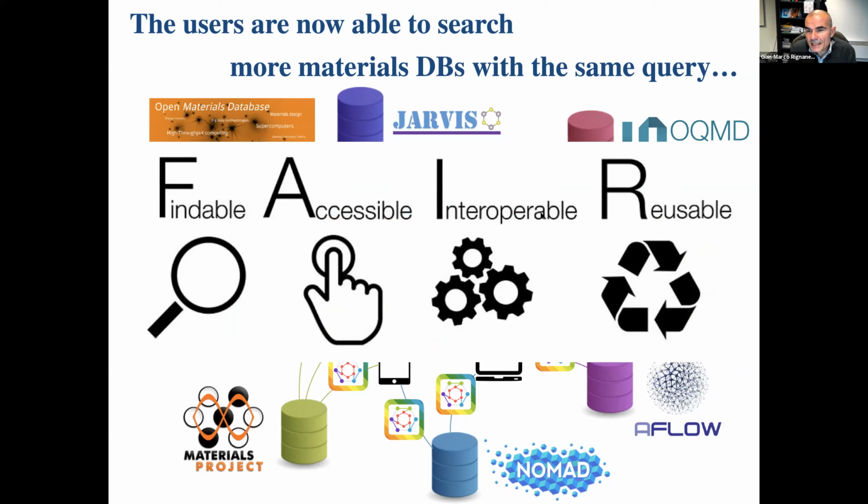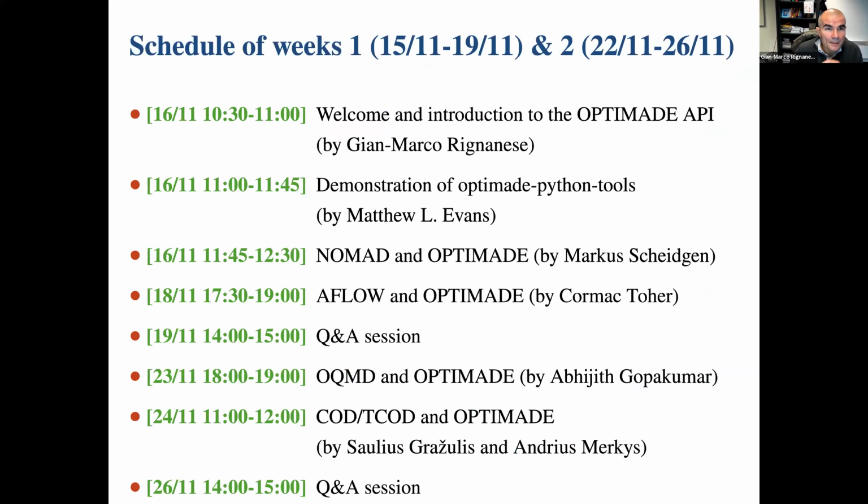Okay, I think that basically I've spoken enough for this presentation here. And so I will now give you the schedule of the 4 weeks of presentation that we have. So my first talk was here about this introduction to the Optimade API, and I will take some questions after I've finished. Then we will have a first demonstration of the Optimade Python tools by Matthew Evans.